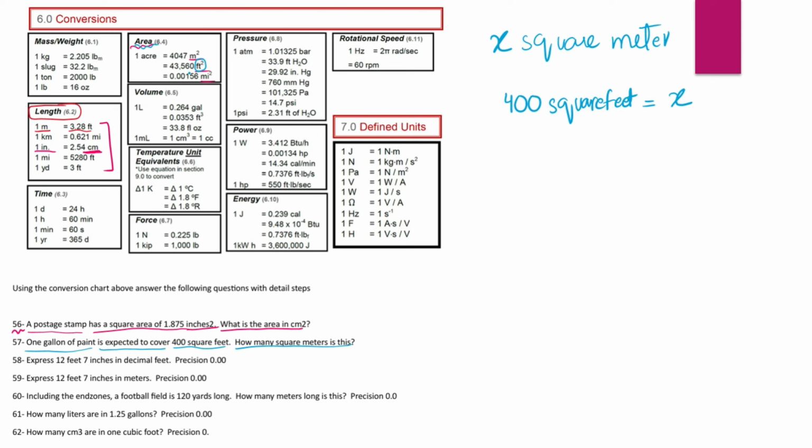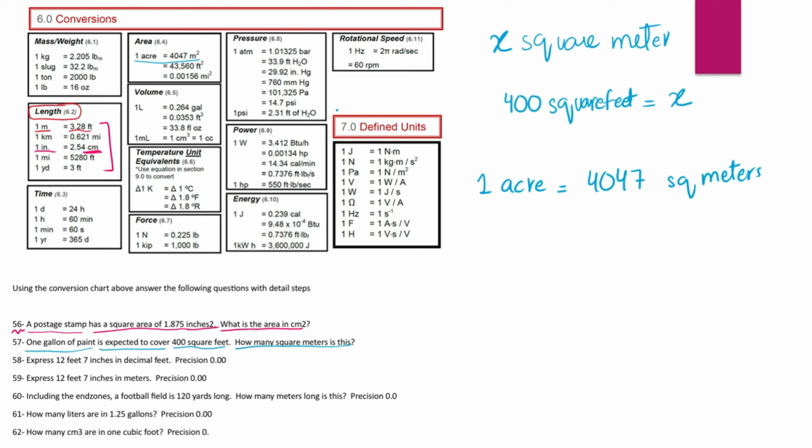Square feet meaning square feet, and square meters we also have written here, right? So it means we can use the area table now. In the area table they have written 1 acre equals to 4047 square meters, right?